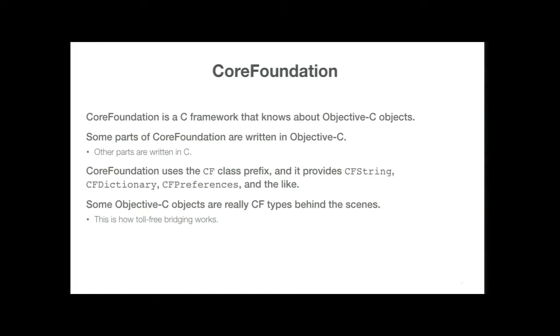This offers things like CFString, CFPreferences, and so on. And any of you that have ever heard of toll-free bridging, the way that works behind the scenes is that certain toll-free bridged objects are actually CoreFoundation objects behind the scenes. So you could easily cast an NSString as a CFString, and vice versa.